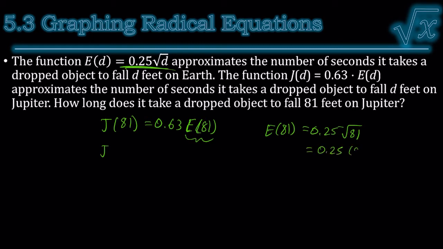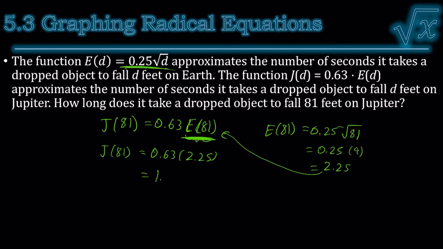The square root of 81 is 9, so 0.25 times 9 is 2.25. So I could substitute that in here. Multiply that by the 0.63, and we end up with 1.42. And this was measured in seconds.